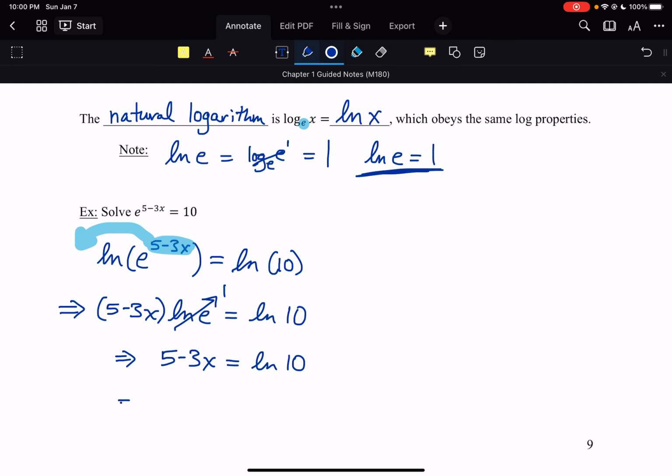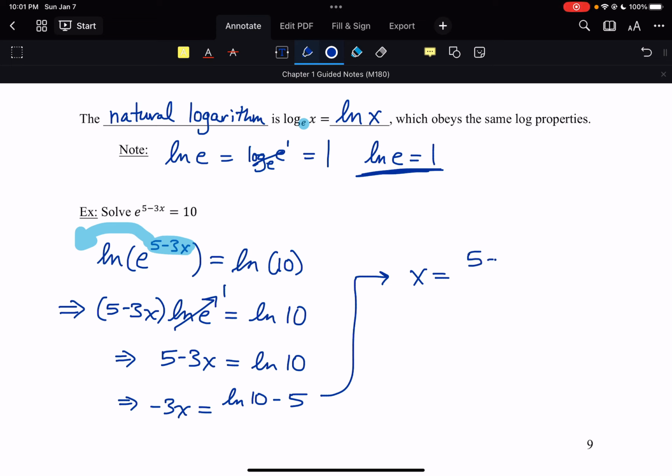So we can go ahead and subtract that 5 over. So negative 3x equals ln of 10 minus 5. And then we divide both sides by negative 3. So let me move that negative in and flip these around.